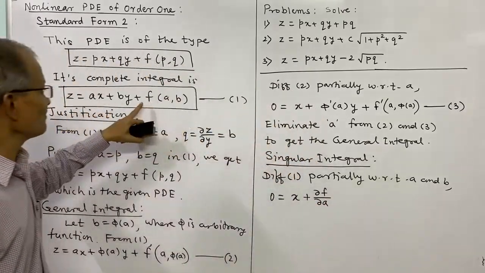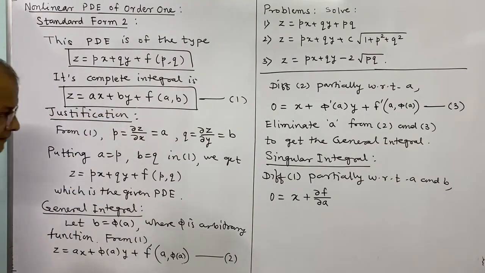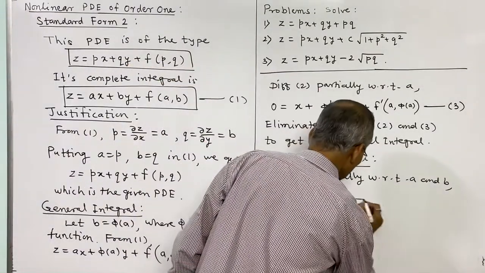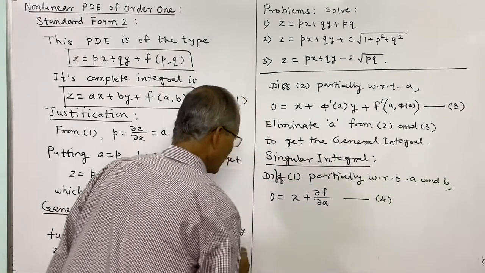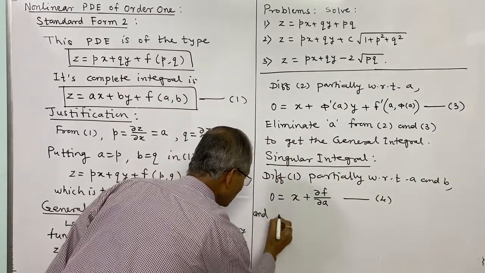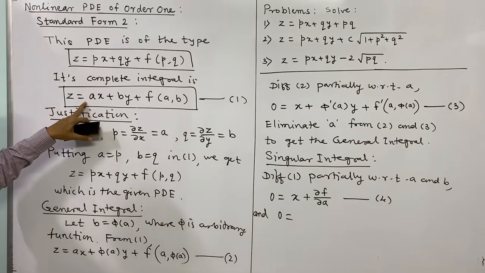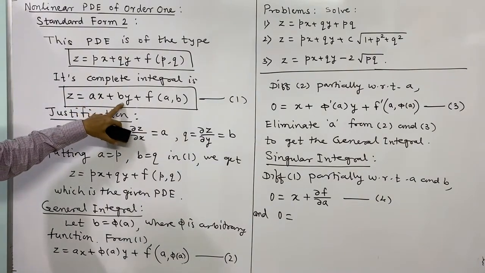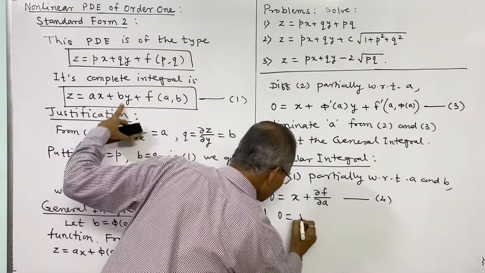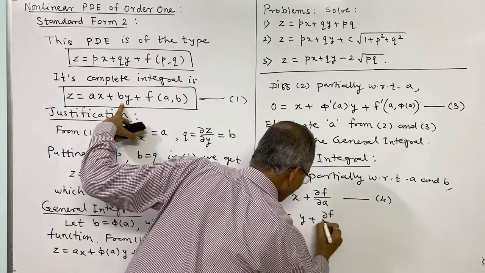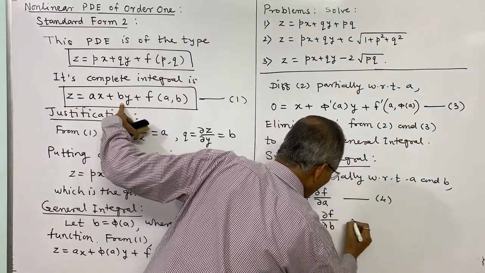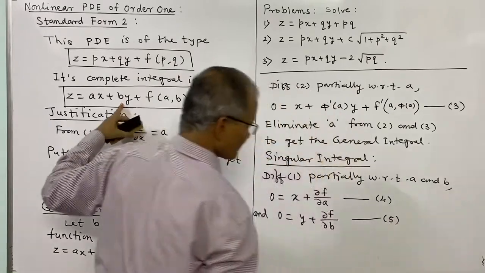So this is the partial derivative of 1 with respect to a, and we number this as equation number 4. And what about the second equation? Similarly it will be 0, the partial derivative with respect to b, and this is 0 and this will be y. So y, and similarly it is the partial derivative of f with respect to b, and we number this equation as 5.